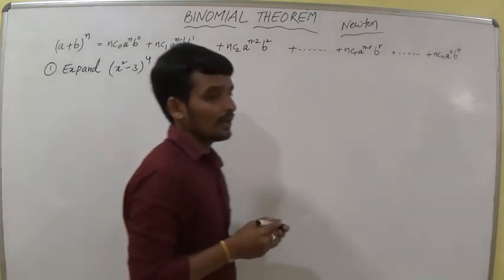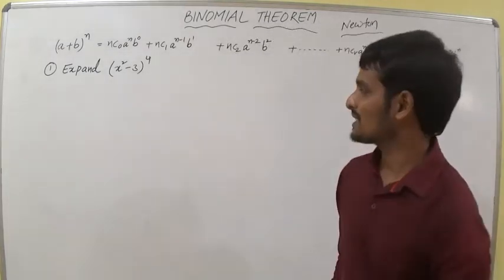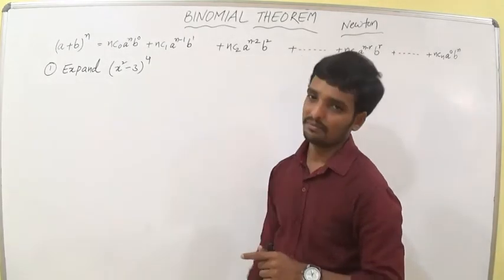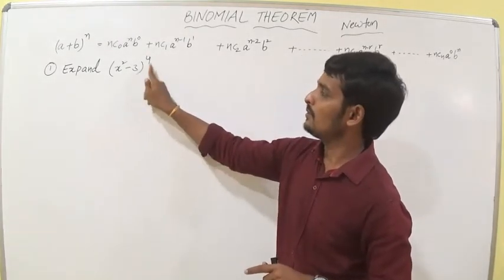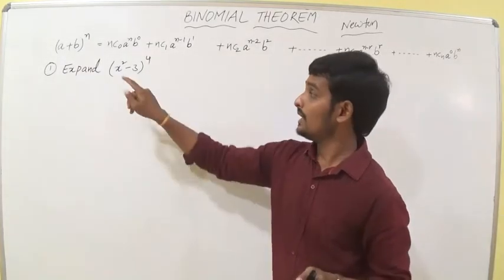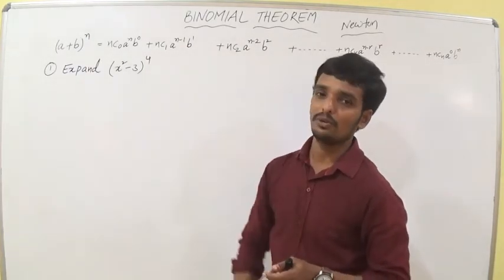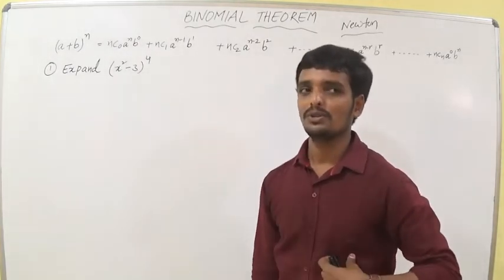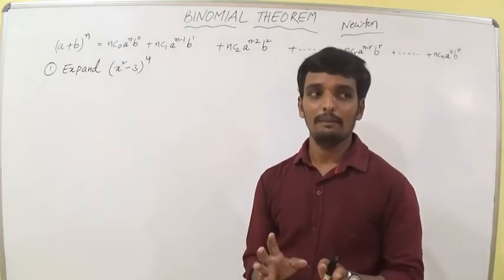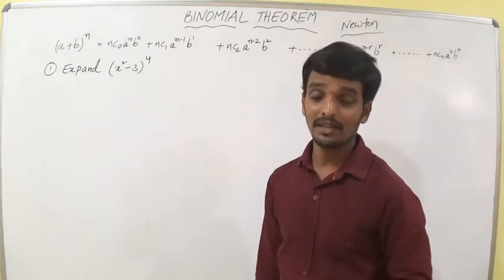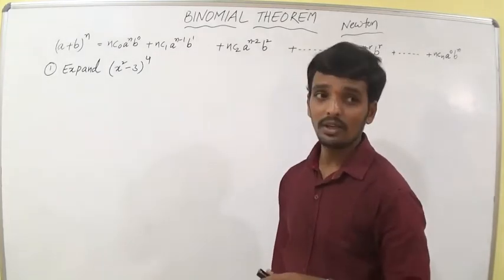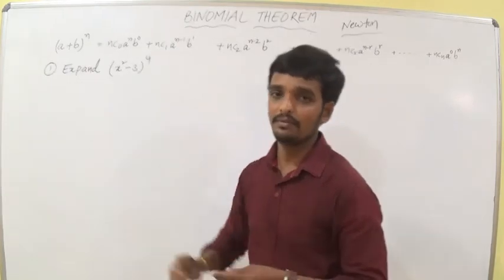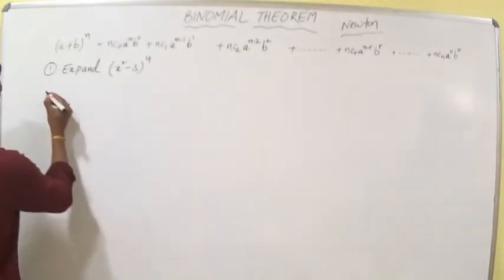We have learned these type of problems for whole square. So (a minus b) whole square, you can use the formula, we can expand. (a minus b) whole cube also we can do. But this time it has power 4, so we can write somehow. But if it has power 20, how can we? By binomial theorem, we can do easily.